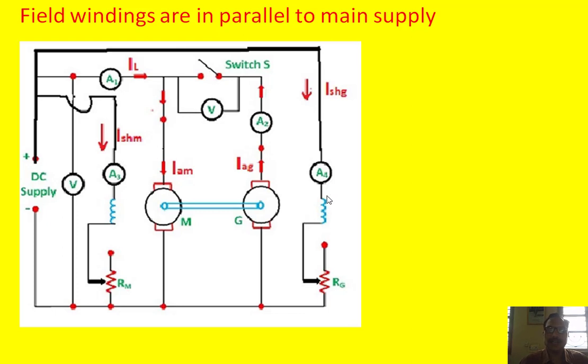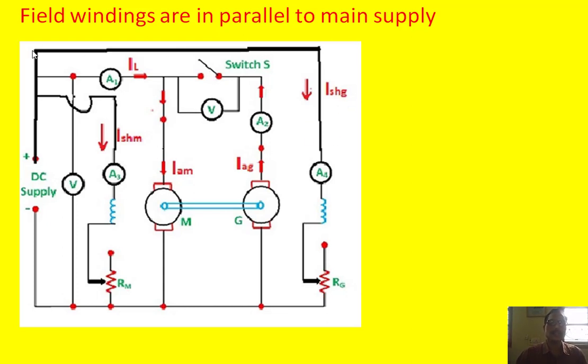To measure the current that flows in this field circuit, we use an ammeter connected in series like this, and the current flowing in the shunt field of the DC generator we call ISHG, and it is connected across the supply.